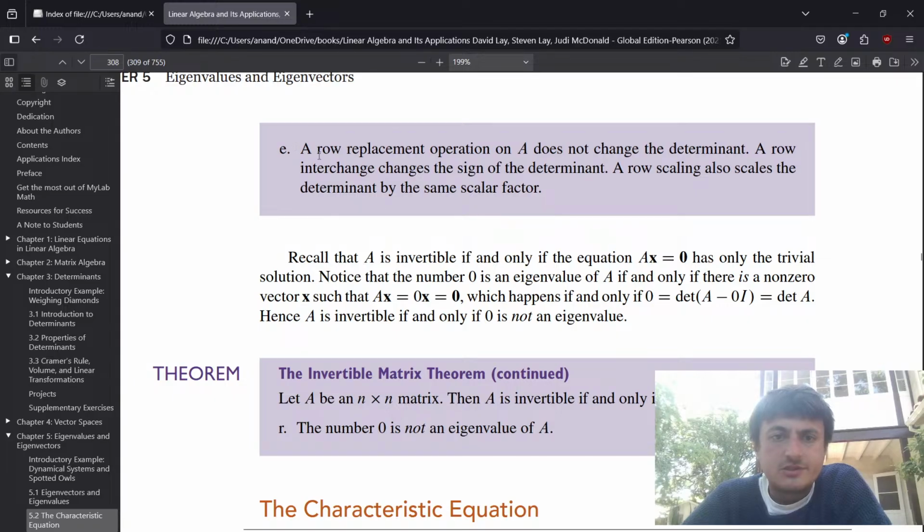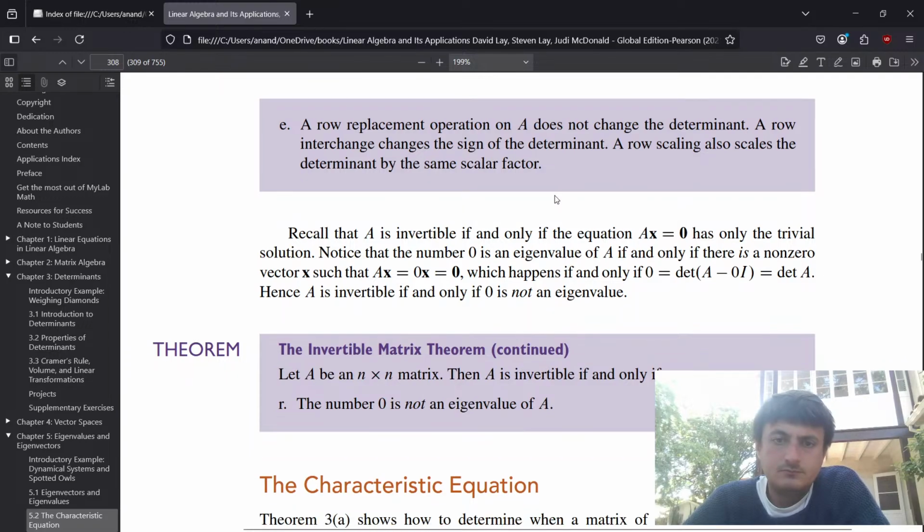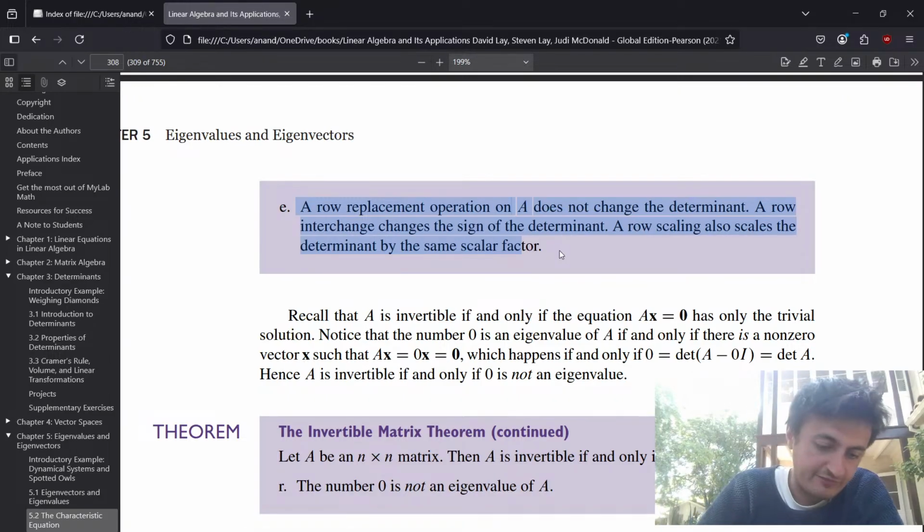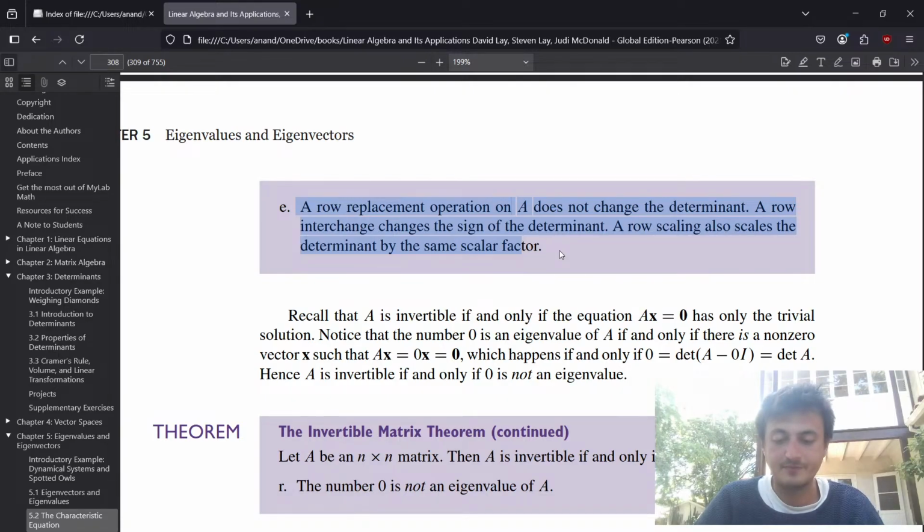Oh, I forgot about this. Yeah. I forgot about that. Yeah. That if you scale a row, it scales the determinant. If you switch a row, it switches the sign of the determinant.